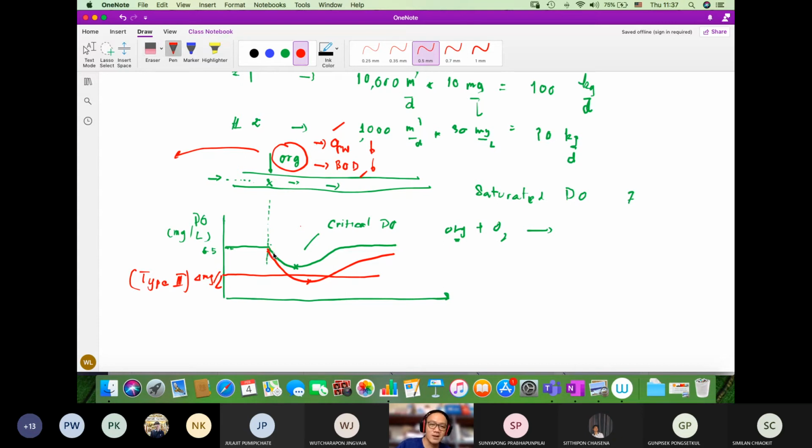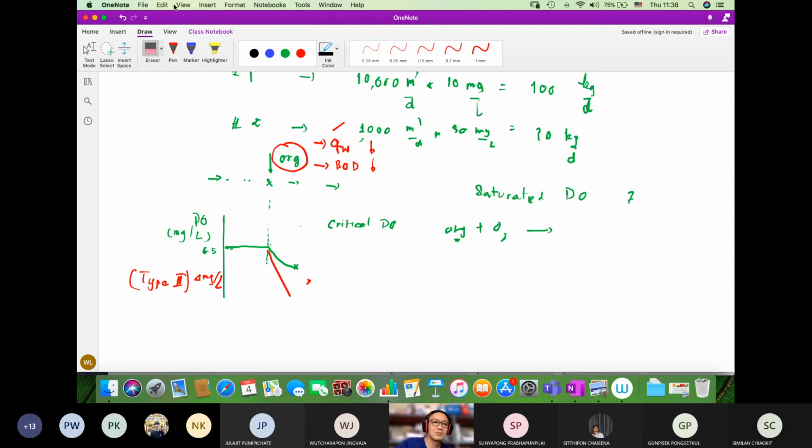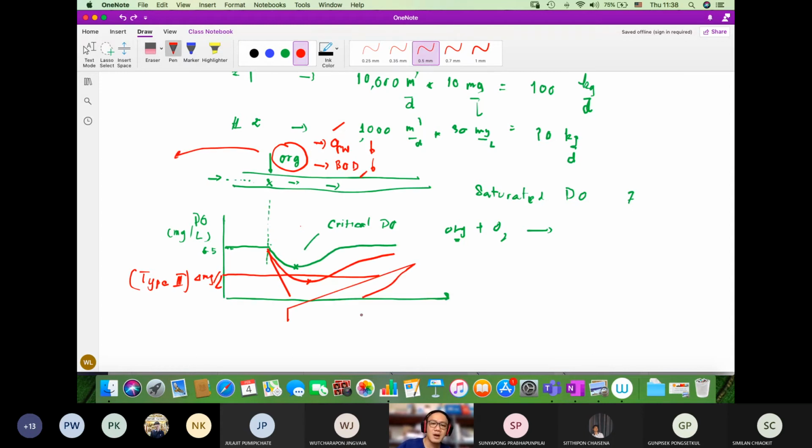The oxygen in water runs out. So some certain distance in the stream has no oxygen. So the fish living in this area will definitely die.